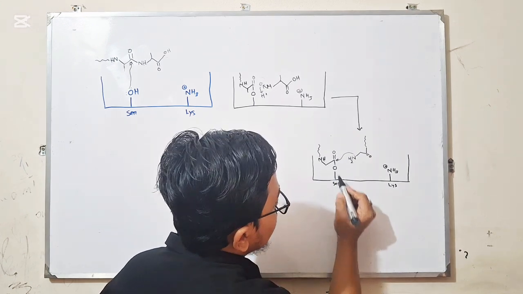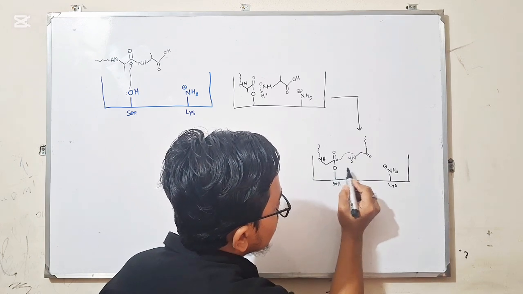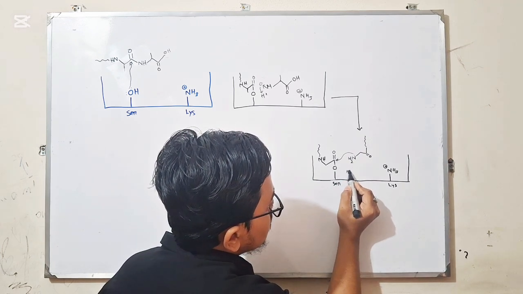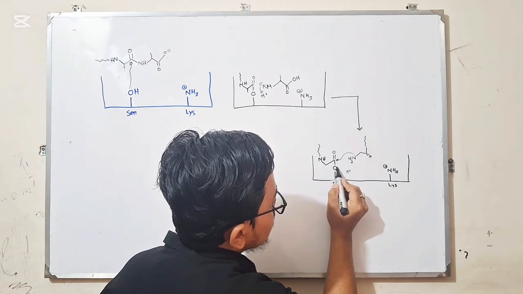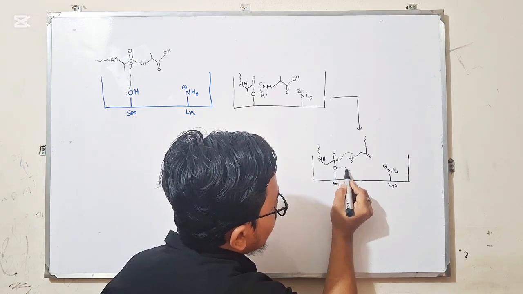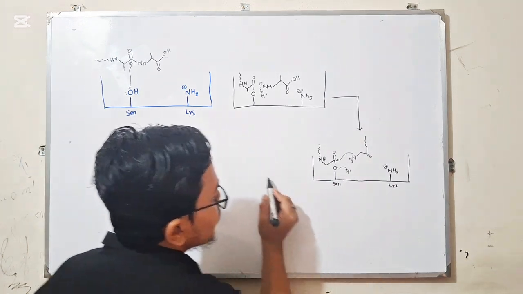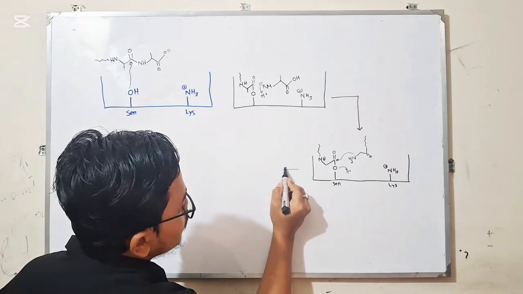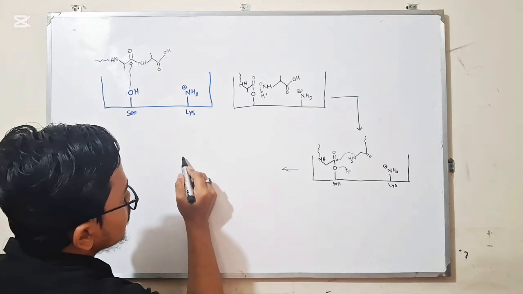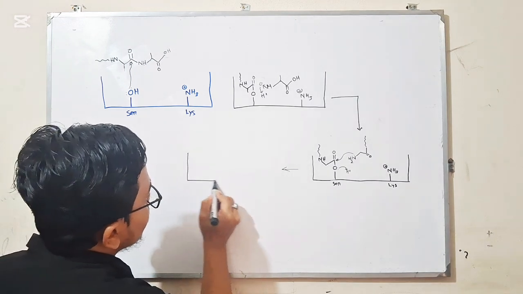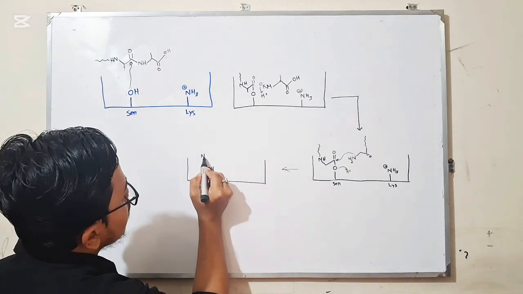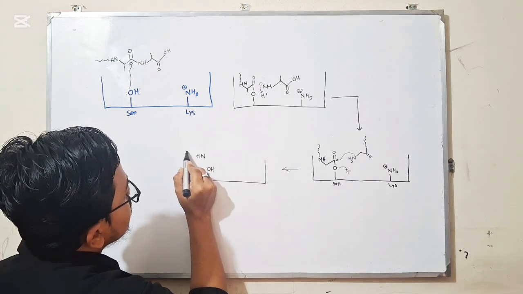Okay, and the H plus is available, oxygen will attract this H plus with its lone pair, and the next step will be like this, and NH.